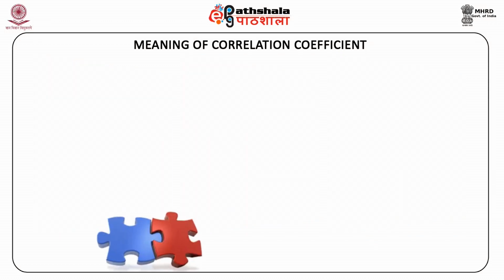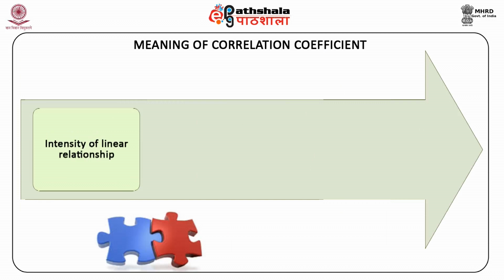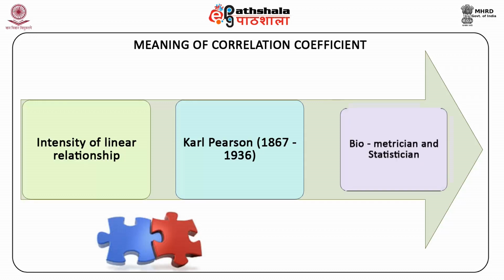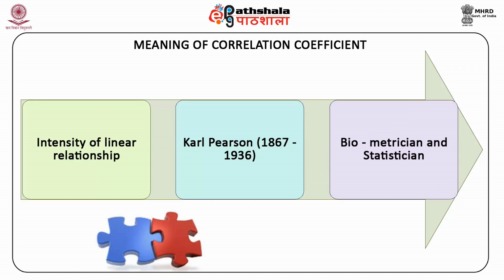It is a mathematical method for measuring the intensity or the magnitude of linear relationship between two variable series and was suggested by Karl Pearson, 1867 to 1936, a great British biometrician and statistician, and is by far the most widely used method in practice.